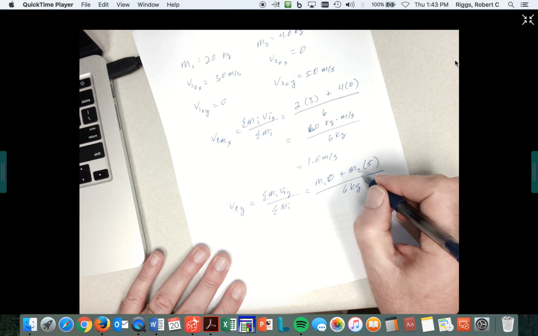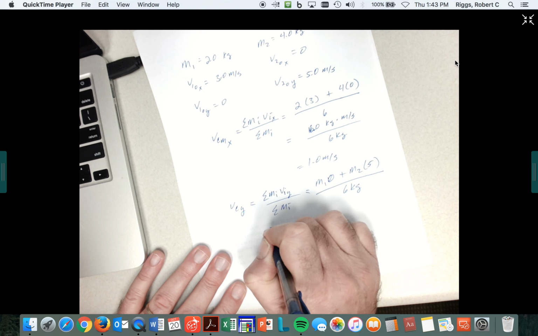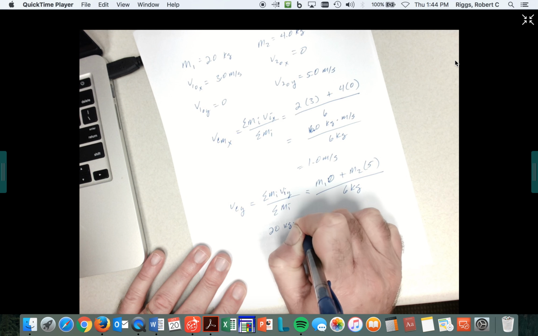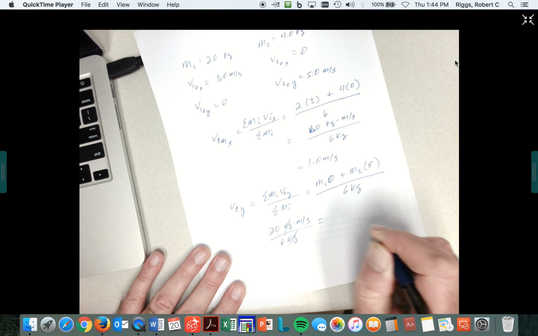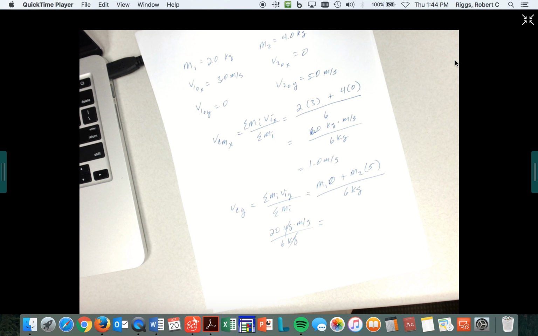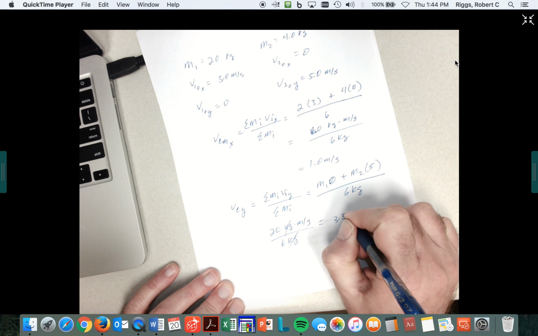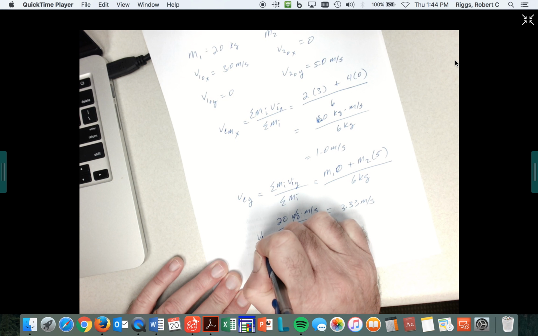And so we've got 4 times 5 is 20, divided by 6. 20 kilogram meters per second divided by 6 kilograms. Aha! Kilograms cancel. 20 divided by 6, same thing as 10 divided by 3, which gives us 3.33 meters per second in the y direction. That's the velocity of the center of mass in the y direction.